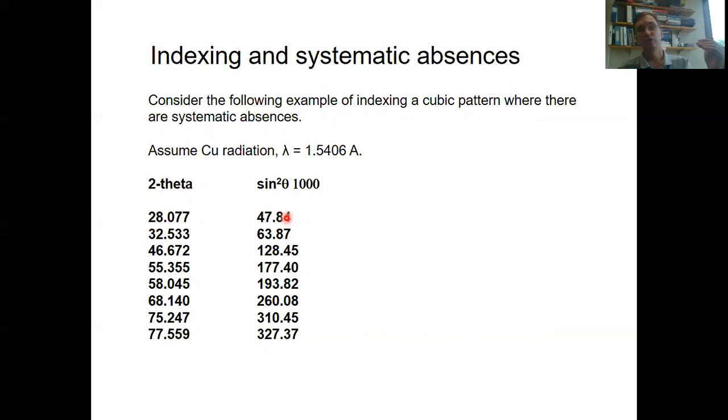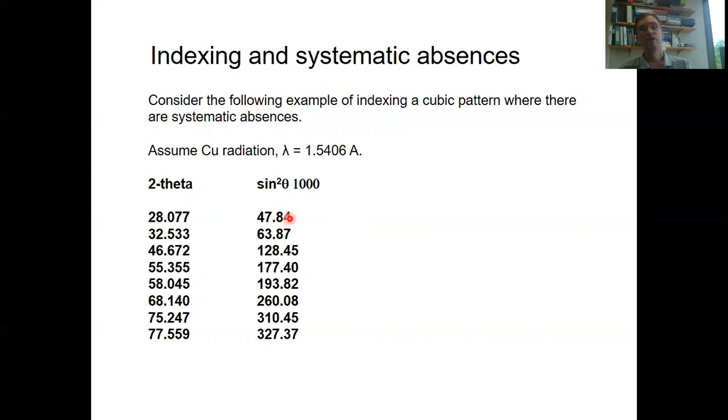So what you can do in this case is that you systematically go to lattice planes with higher d-spacing. So you could, for instance, guess that your first peak is associated with the 1, 1, 0 lattice plane. If this is the case, then because 1 squared plus 1 squared plus 0 squared is 2, your common factor would be 47.84 over 2.